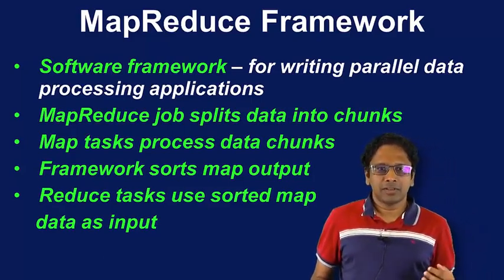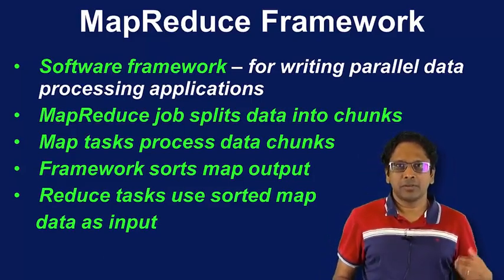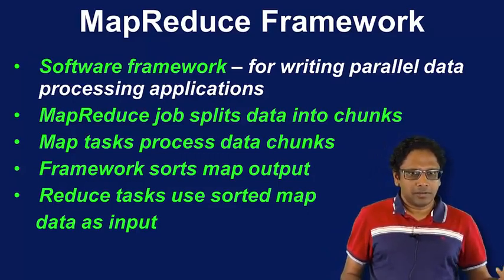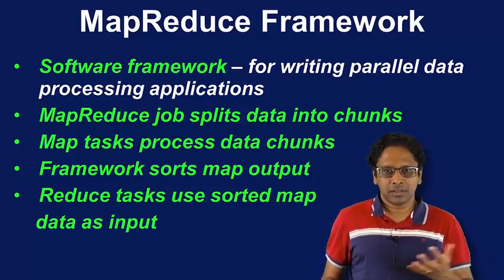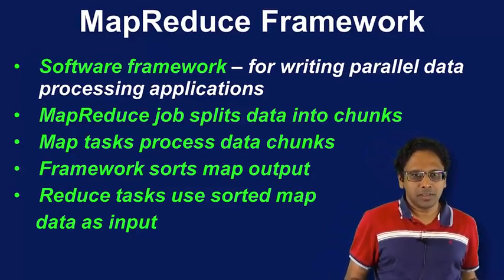The basic idea was that the job is splitting data into chunks, and these chunks are processed by the map tasks, which are laid out across all the compute nodes.